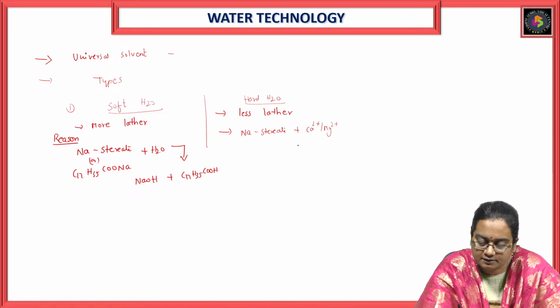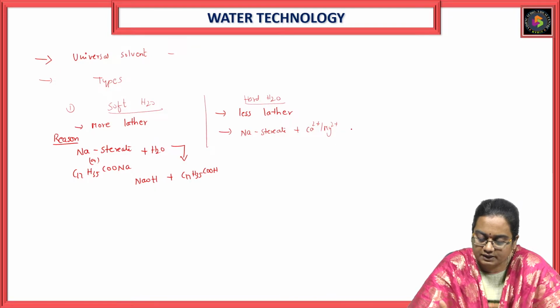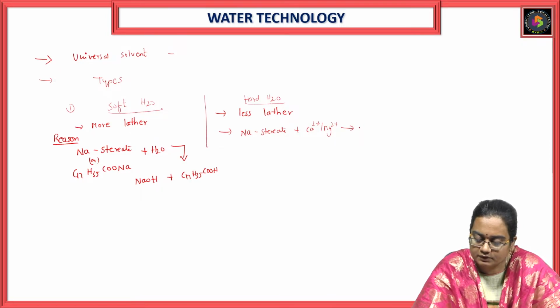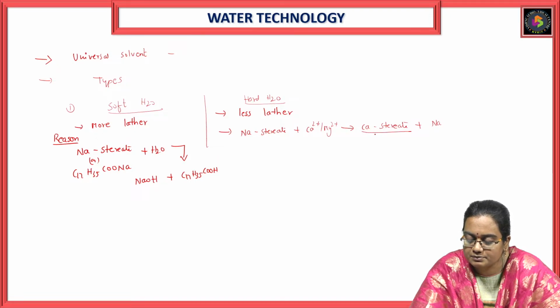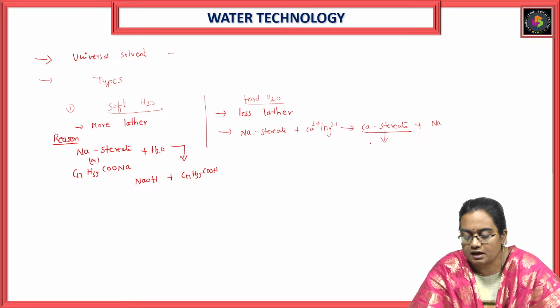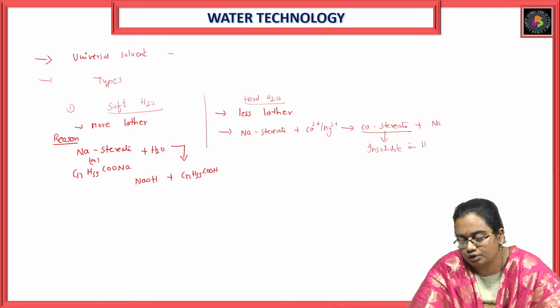Because of that reason, we get calcium stearate plus sodium ion. So due to this calcium stearate formation, the water gives less lather because it is highly insoluble in water.